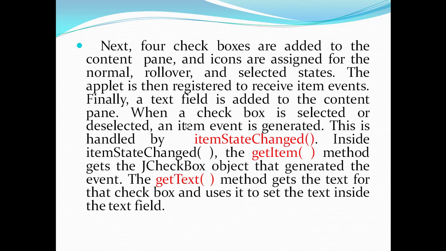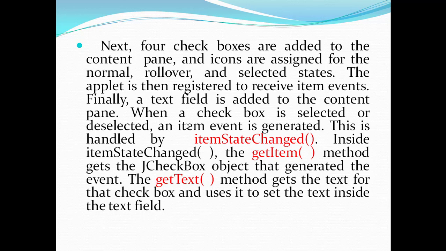When a checkbox is selected or deselected, an item event is generated. This is handled by the itemStateChanged method. Inside itemStateChanged, the getItem method gets the JCheckBox object that generated the event.